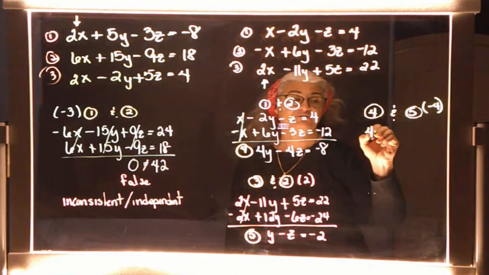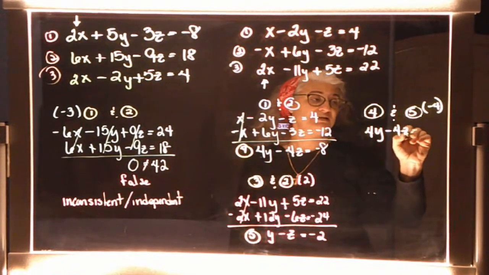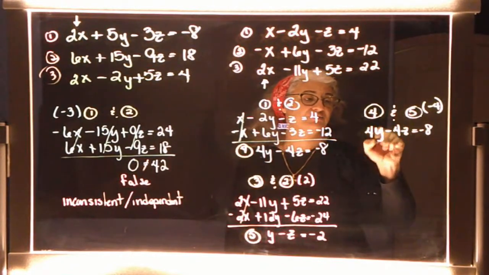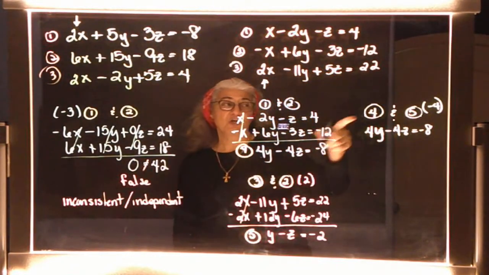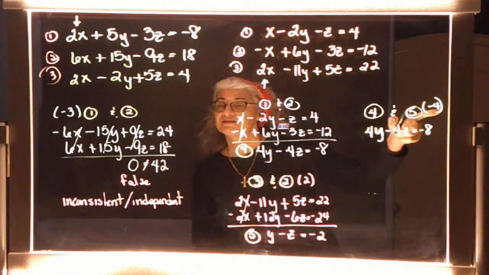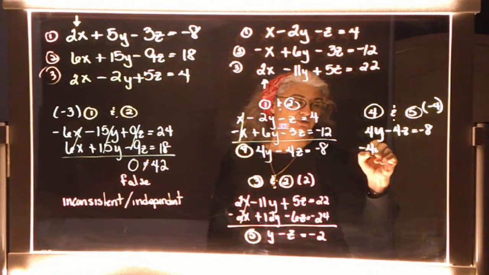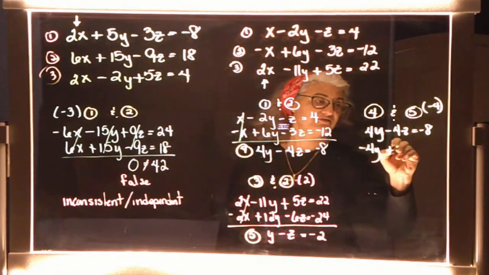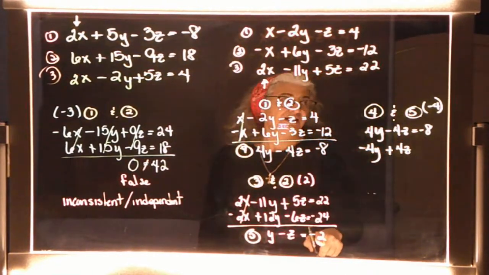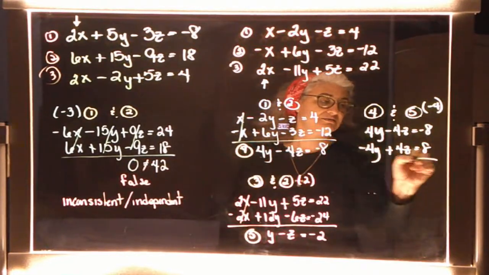This is 4y minus 4z equals negative 8. There's your equation 4. We said to equation 5, multiply by negative 4, which makes it a negative 4y, a positive 4z, and a positive 8.